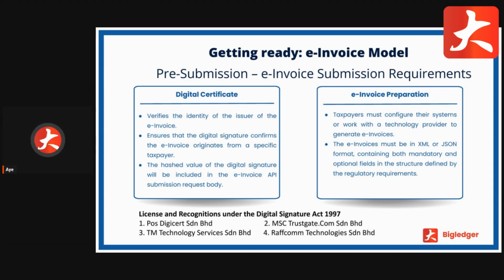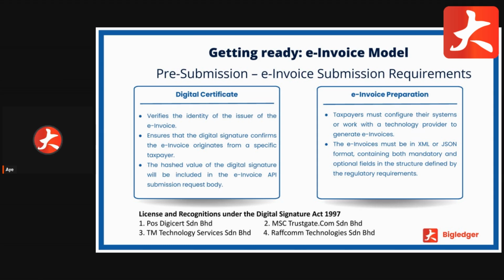But if let's say you use your own ERP system, then you may need to purchase your own digital certificate. So these are the digital certificate providers, which are approved by the government. So you can take a note for this part.